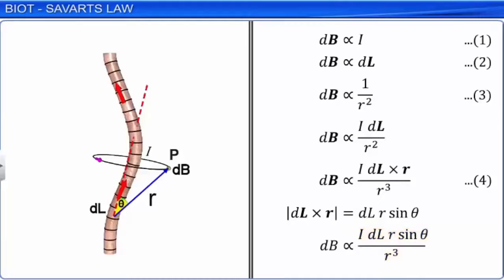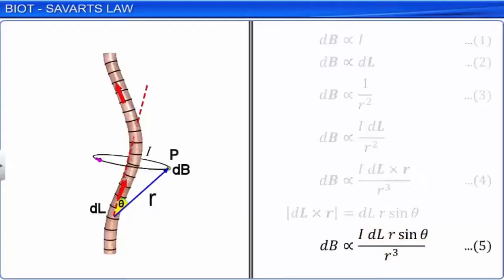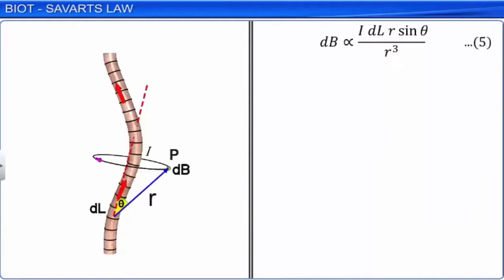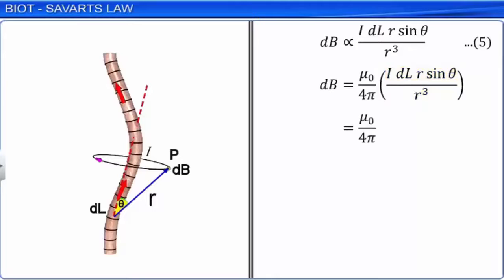Let this be equation 5. Replacing the proportionality sign with a constant, we get dB is equal to mu naught by 4 pi into I dl into r sin theta by r cube, which can be written as mu naught by 4 pi into I dl into sin theta by r square.